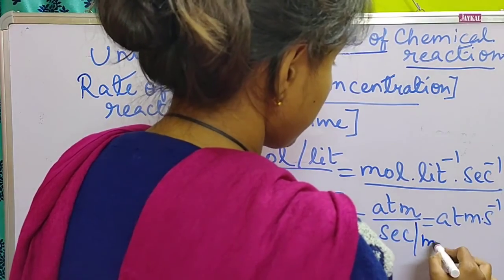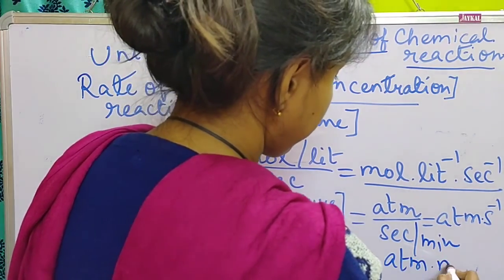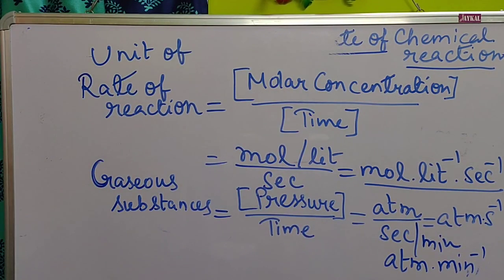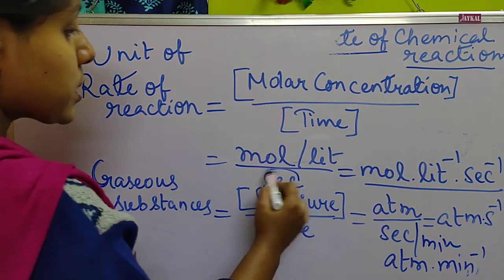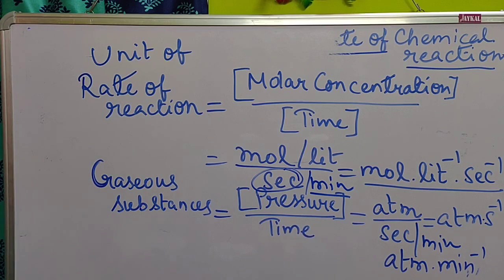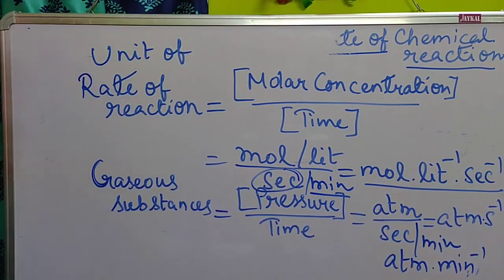If you use minute, it will be atmosphere minute inverse. You can use second or minute for expressing the time. So that will be mole liter inverse minute inverse. In this way we can show the rate of a chemical reaction.